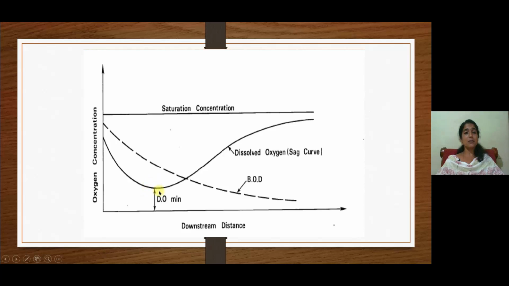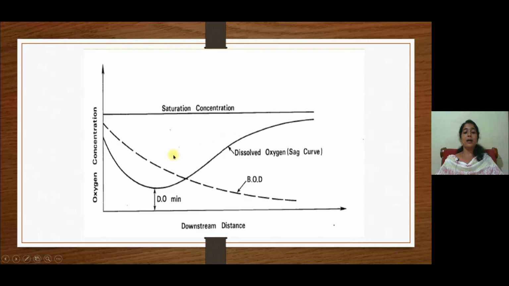And after the maximum decomposition using the dissolved oxygen content in the stream, the dissolved oxygen will increase due to the re-aeration happening in the dilution water, that is river or stream, and it will reach up to the level of saturation concentration when the wastewater travels from the point of disposal to a certain distance where the water flows.